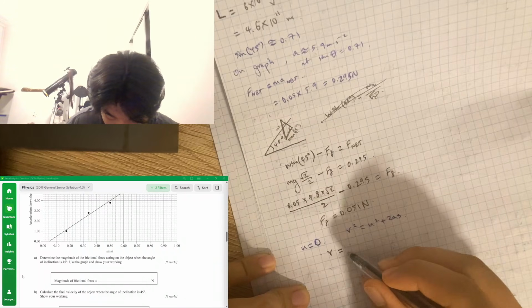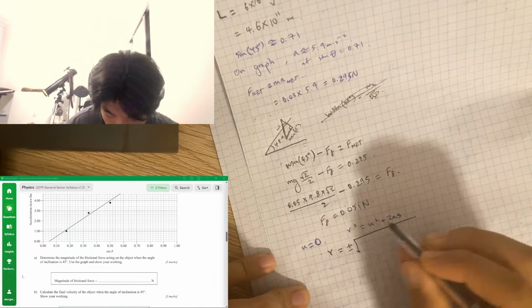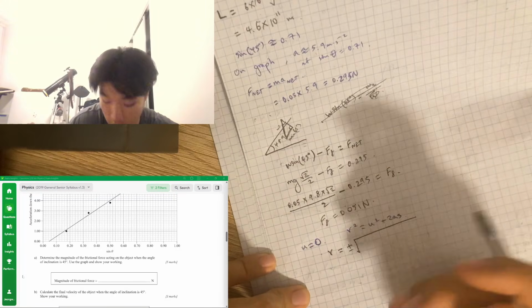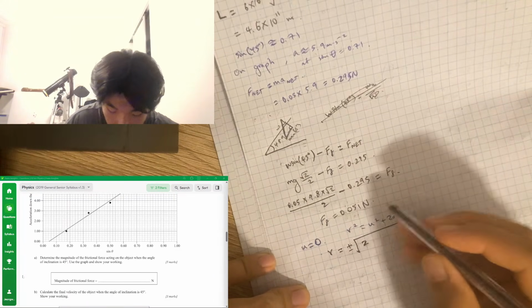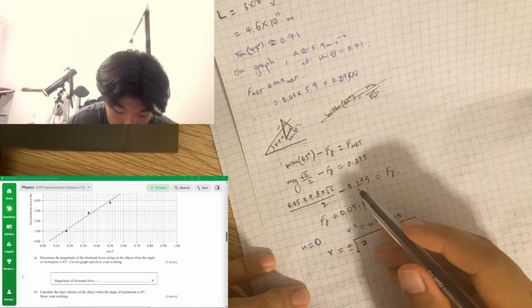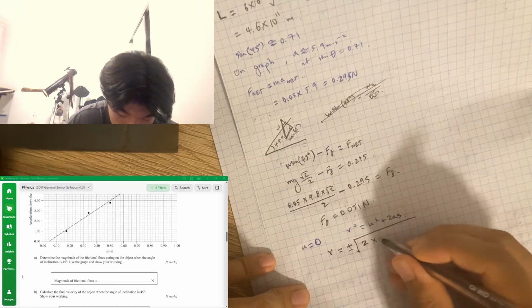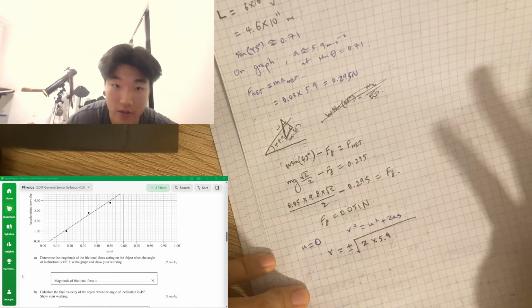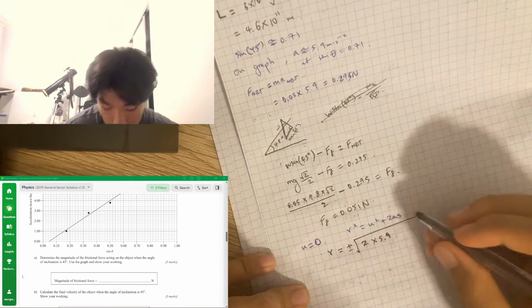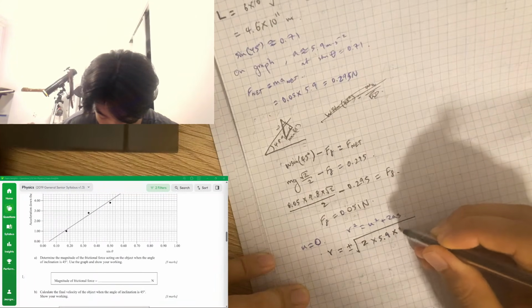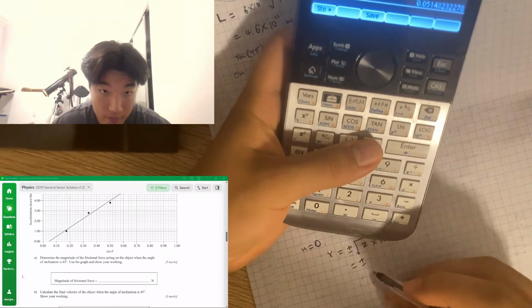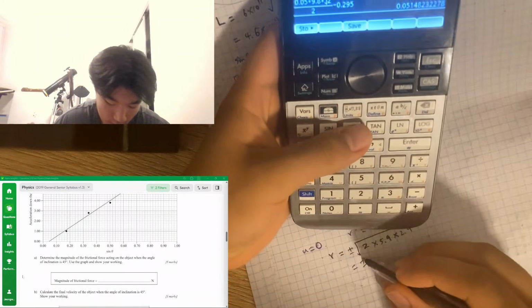V equals plus minus square root, in this case, u squared is just 0 squared, so we don't care about it. We know what the acceleration is. It's like 5.9, right? At 45 degrees incline. And then s is just 2.4. We sub those values in. What do we get? It says final velocity.